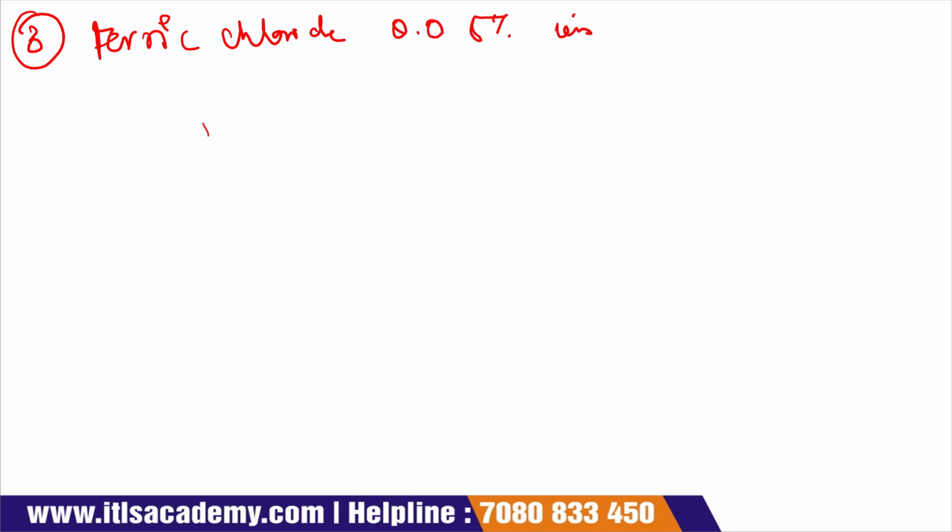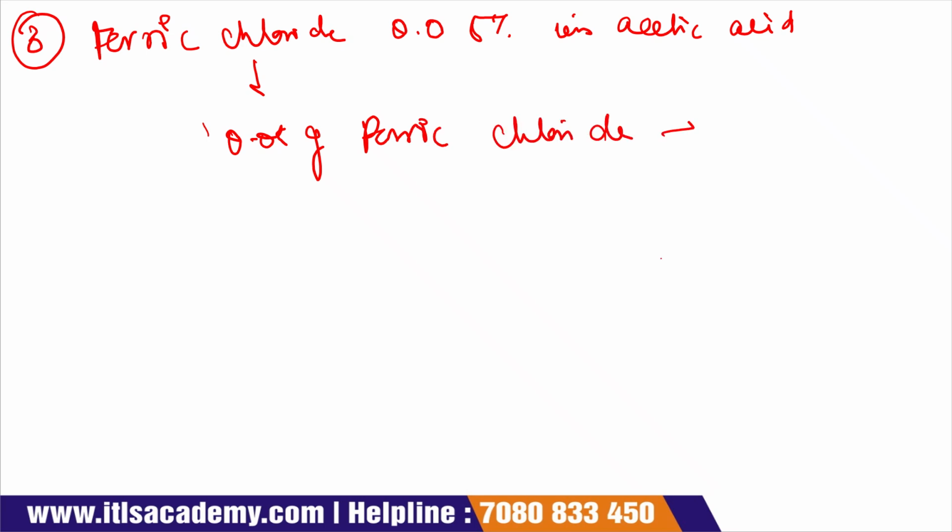Then we require ferric chloride 0.05% in acetic acid, which means that we take 0.05 gram of ferric chloride plus 100 ml of acetic acid.